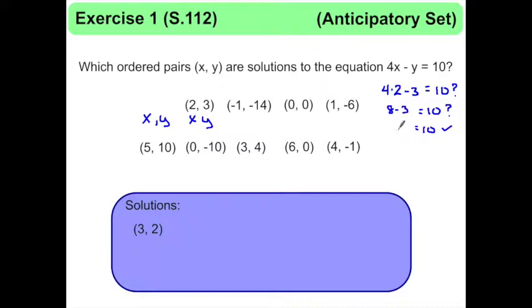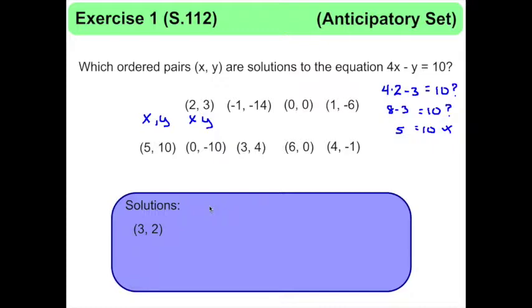So 8 minus 3 is 5, which does not equal 10. So therefore, in that case, this one would not be a solution to the given ordered pairs. So when the student would go and drag this in, it would come back out as part of their opportunity to learn which ones would be solutions versus which ones would not.